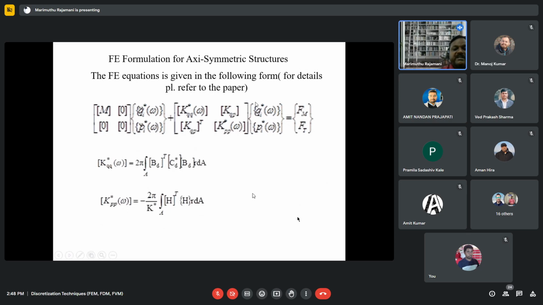This is the stiffness matrix, where it becomes complex. This formulation is shown for the Herrmann or constant variational formulation.